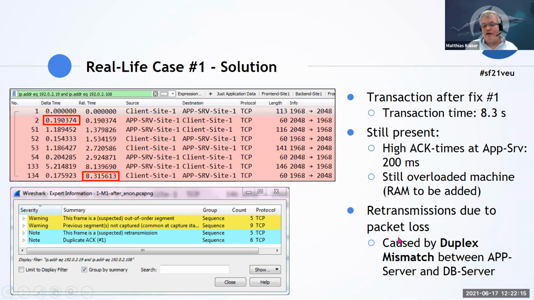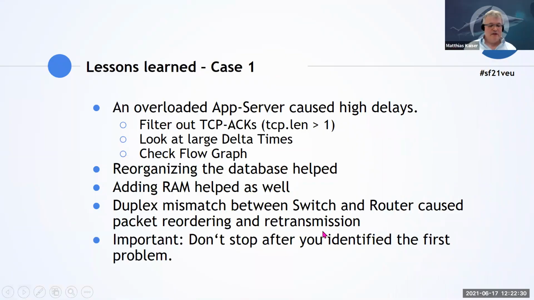Well, after the duplex mismatch was fixed, the packet loss plus the retransmission went away. Yep. And that is the solution of this case study number 1.